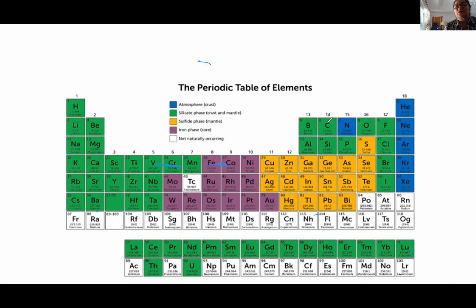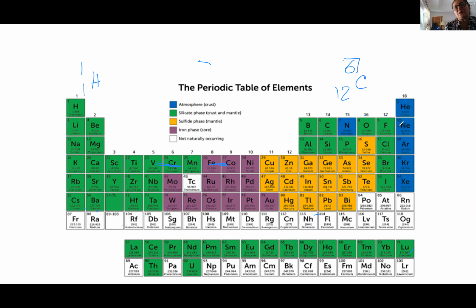For carbon, I see 6, and then if I round it up, it's like 12.